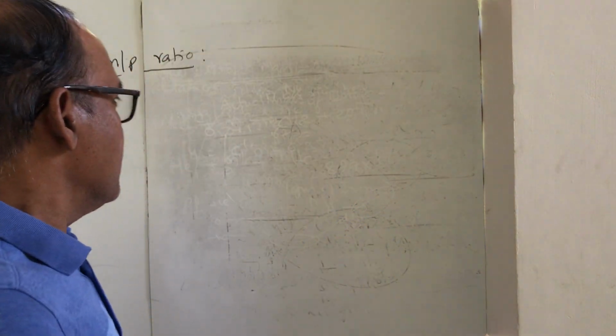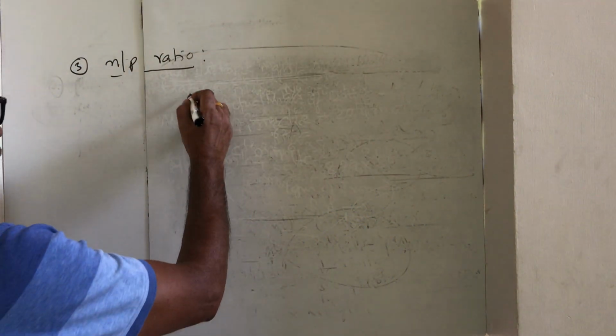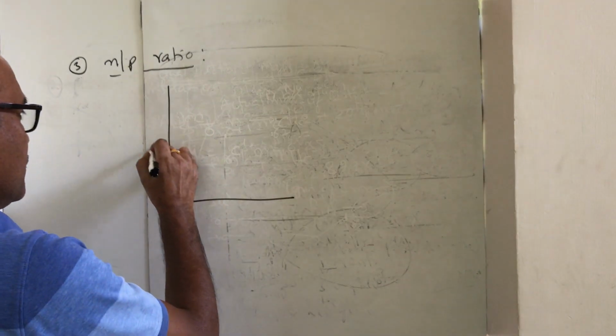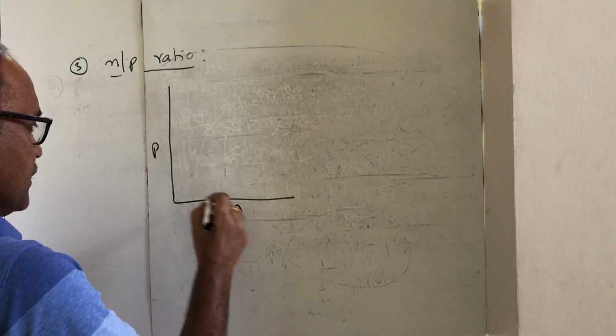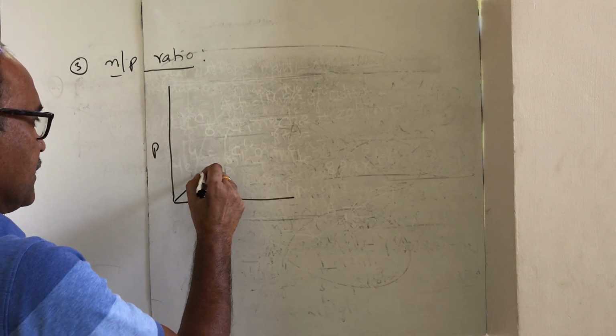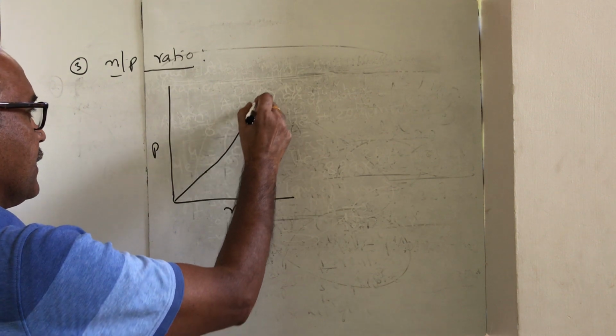After atomic number 20, the neutron number increases as the atomic number increases. If you draw proton versus neutron, up to 20 it is a straight line, a linear relationship, and beyond that it increases.